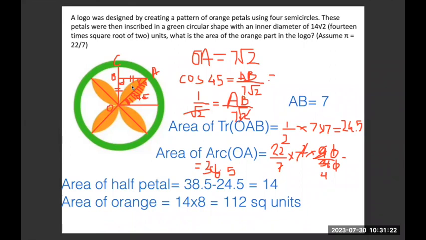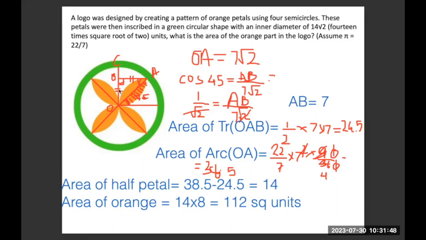Right? So in order to find that, I need the new radius AB and OB. For that I need this side that I have highlighted. I know that this angle is 45, because these two lines are parallel, so using alternate angles, this is 45 and so is that.